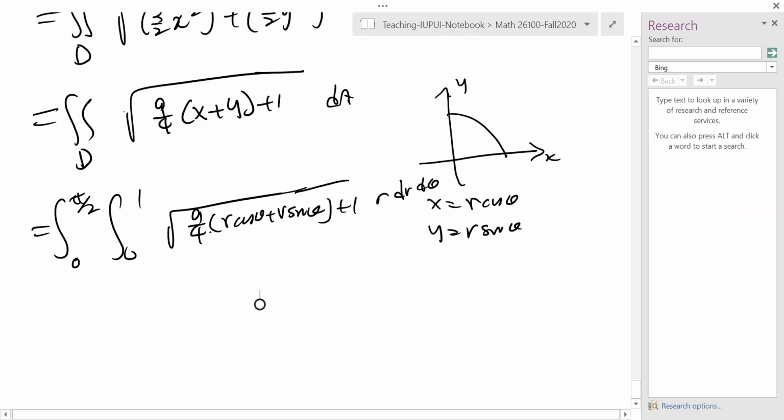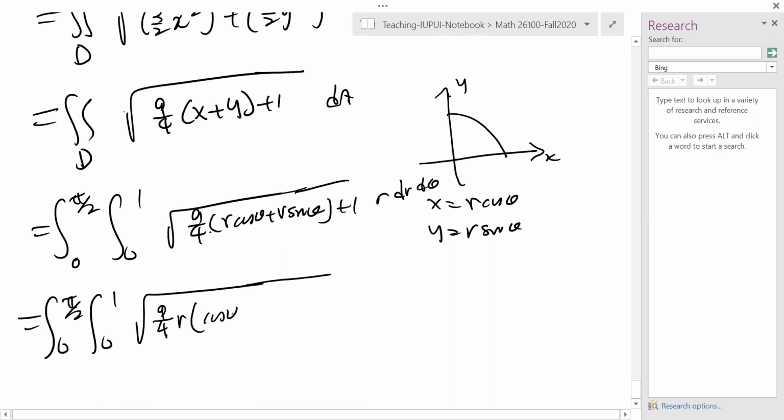All right, now we have problems. So let me rewrite it again. It's the square root of 9 over 4 r (cosine theta plus sine theta) plus 1, times r dr d theta.